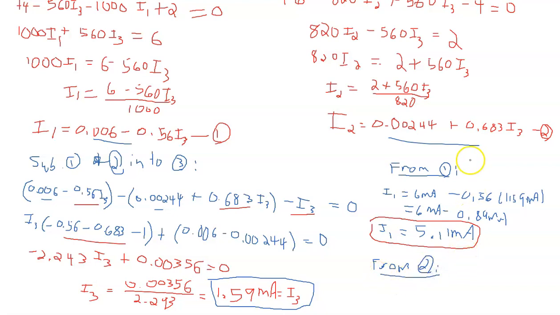So from expression 2, we have then I2 is equal to 2.44 milliamps, and you see me just writing that as a milli, moving my decimal 3 spots, right? Plus 0.683 times my I3, which was 1.59 milliamps.